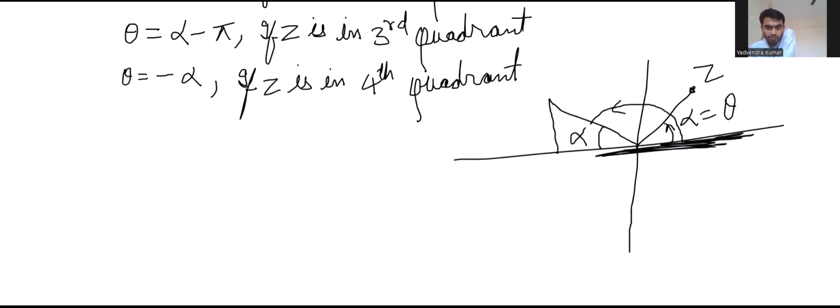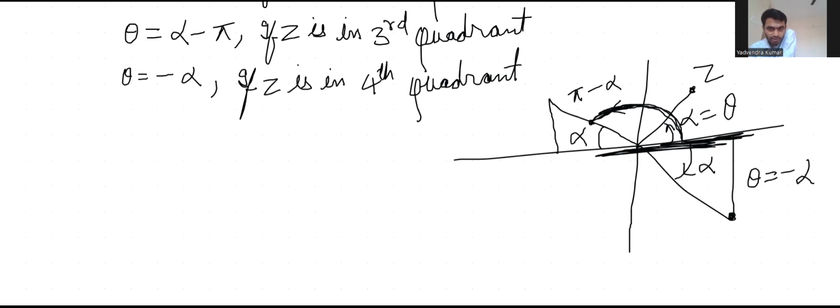So of course, if you calculate this bigger angle from the x-axis, it is going to be pi minus alpha. If Z is in the fourth quadrant and you calculate alpha, alpha will be this angle, right? Of course, it is going in the clockwise direction, so the direction is opposite, so the value will be negative.